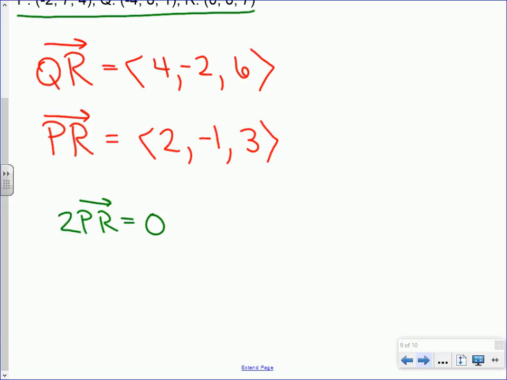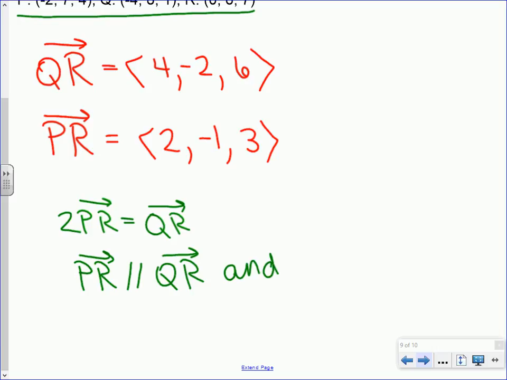We can multiply it by 2 to get QR, right? Which means these are scalar multiples, all right? So since we can write QR as a scalar multiple of PR, that means they are parallel. And P, Q, and R are collinear.